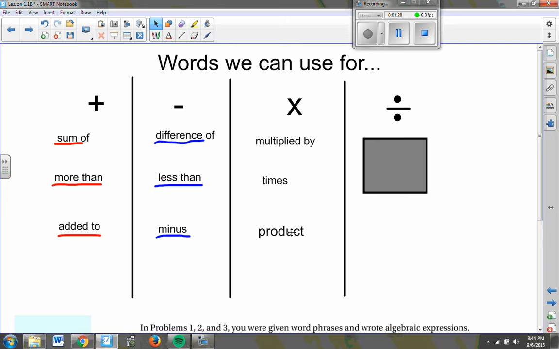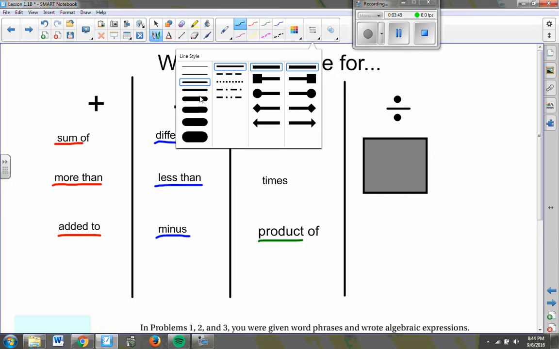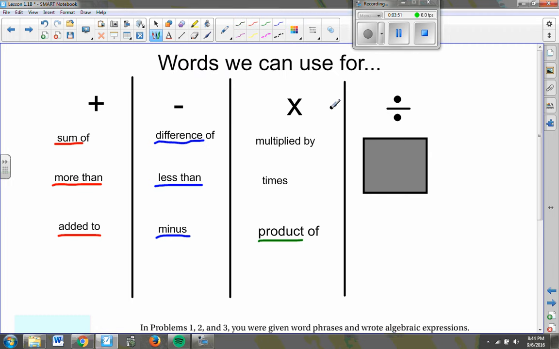Or we can say the product of two things. We can say the product of 12 and n. The word product, of course, means to multiply. And just as a reminder, a couple different ways we can see multiplying. One way is just with a very large dot, right? So the dot just means multiply.